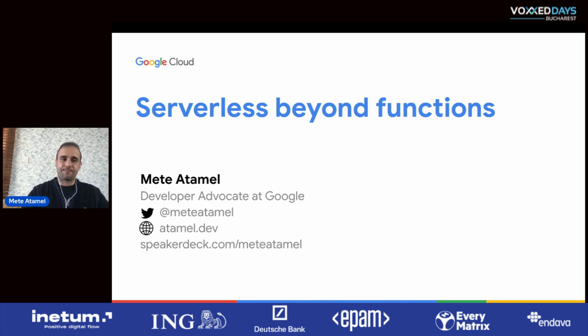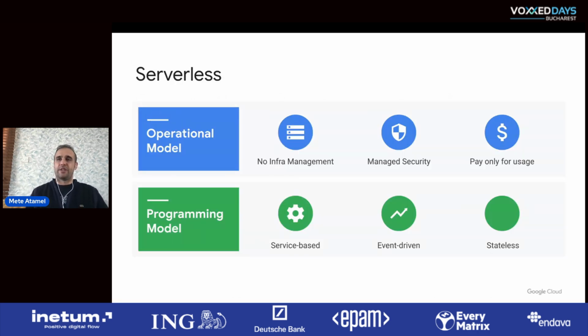All right. Now, serverless, what is serverless? I don't think I need to explain this to you, but it's worth emphasizing that there are 2 ways of thinking about serverless. The first way is what I call the operational model, like how do you run your code? When you talk about running your code in a serverless way, what we usually mean is that you don't have to care about the infrastructure.